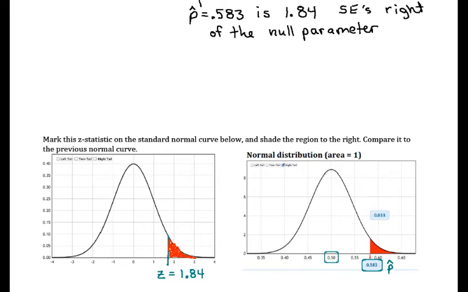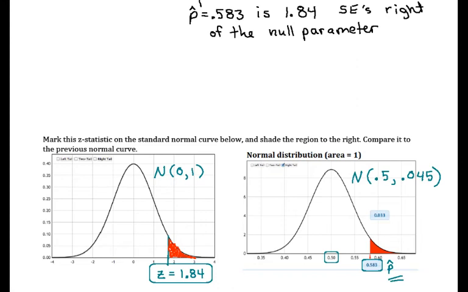So the curve using N(0,1) with a z-statistic is equivalent to the curve using N(null parameter, standard error), which is N(0.5, 0.045), and not using the z-statistic down here, but using our sample statistic.